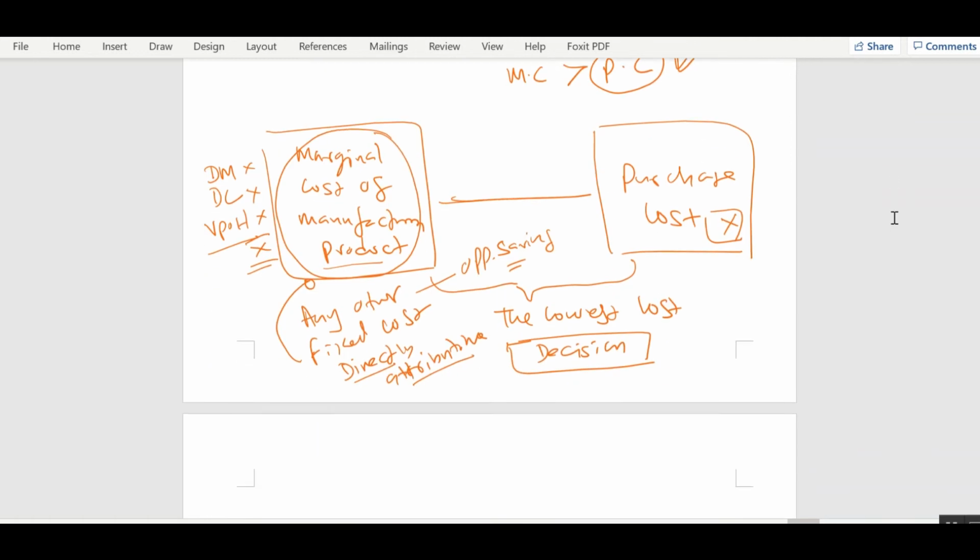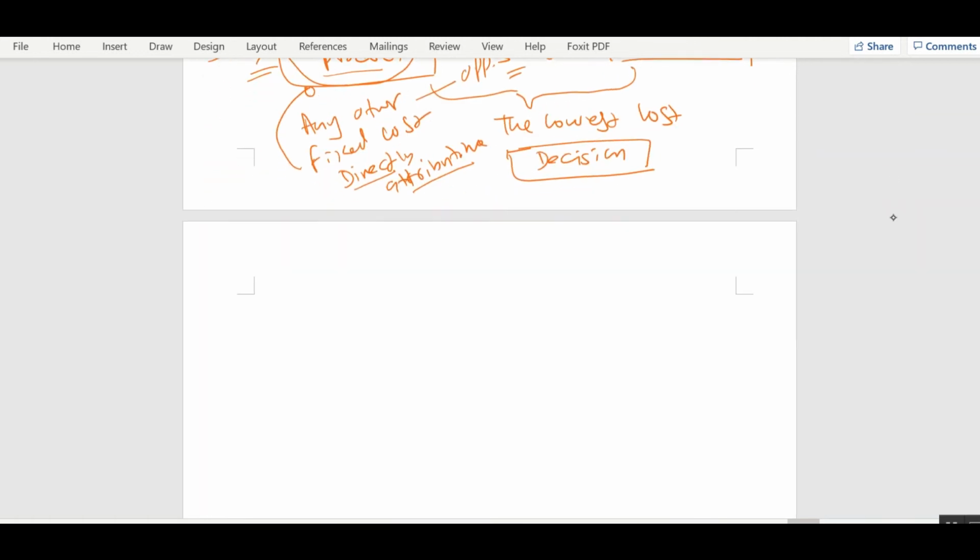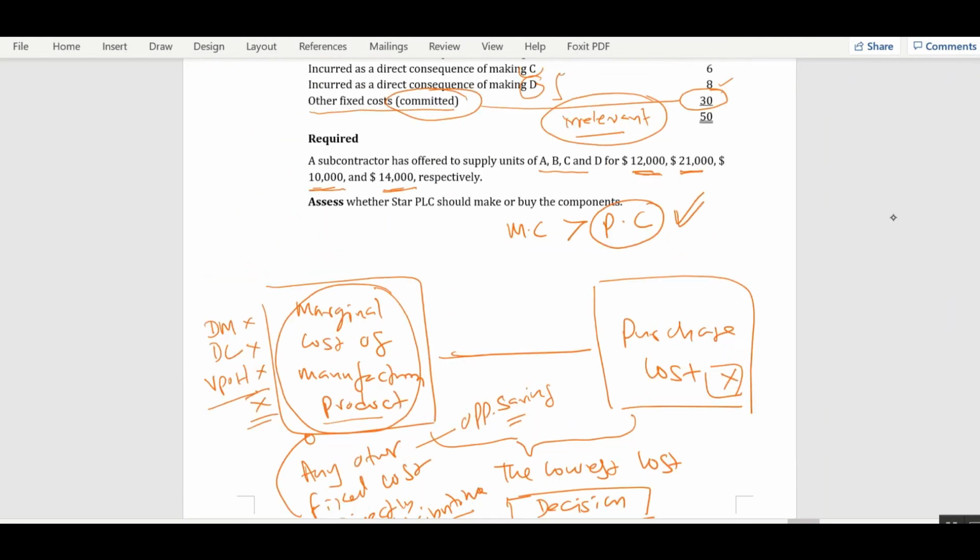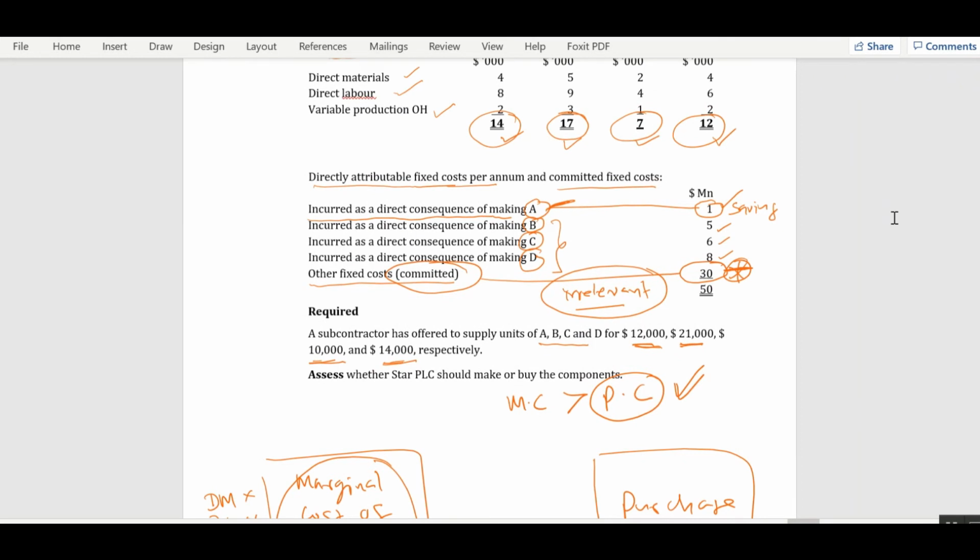So let's compare the prices. So let's take the product A, product B, C and D. So first of all we will take the manufacturing cost. This is the manufacturing cost, 14,000. So it is given 14,000, 17,000, 7,000 and 12,000.